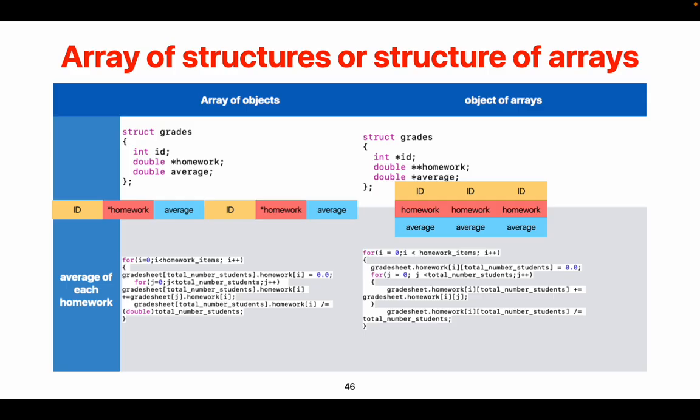And why is that? If you look at how it is located in memory, with an array of objects I'm only visiting homework, and then going to another block of data that contains the homework. So you can imagine the utilization of each block is very low. I fetch the block, pick one word from it, and then I don't need anything else.